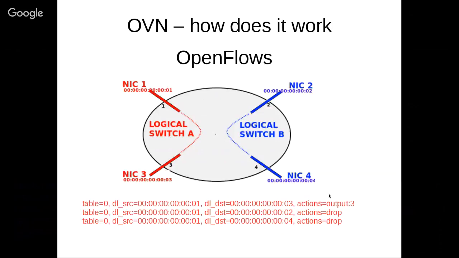This is specified by actions equals to output 3. The other rules specify that all traffic to NICs 2 and 4 will be dropped. In effect, we can divide the bridge into 2 isolated logical networks, the red network and the blue network.